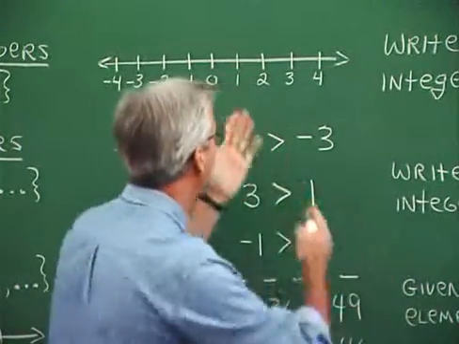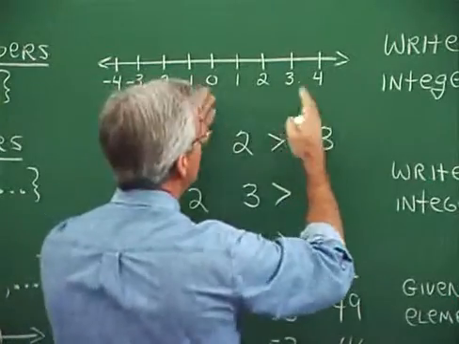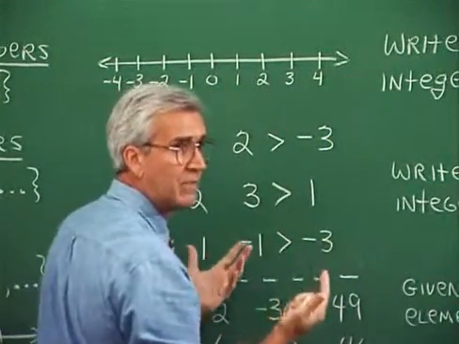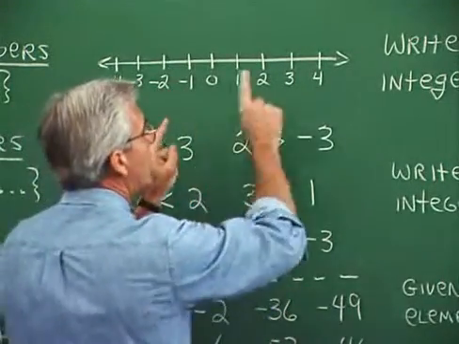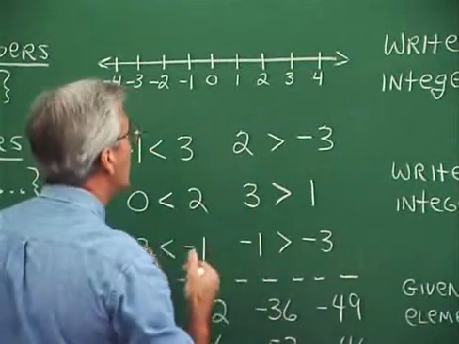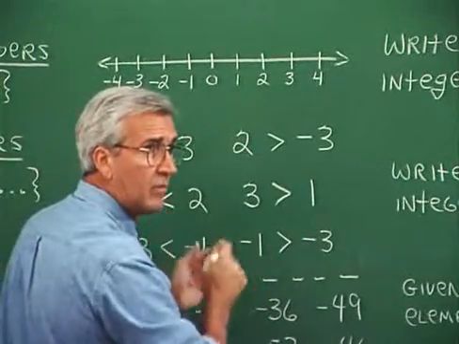Now, if you just look at the number line, especially at the positive side, you notice that the larger numbers are to the right of smaller numbers. And that's just fundamentally our idea about order on the number line: a number that lies to the right of another is greater than that other number, and a number that lies to the left would be less than another number.